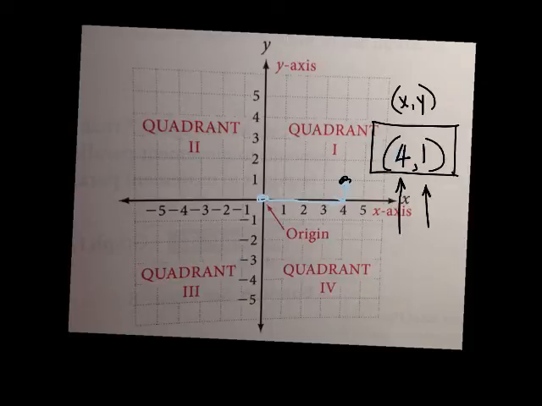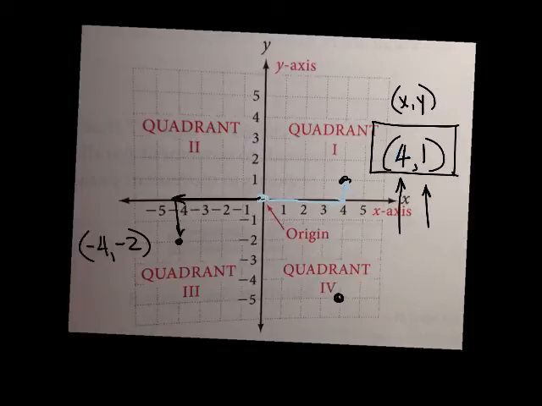So if I wanted to label this point right there, I came over -4 and I went down 2. So I went over this way and then I went down this way. So let's say I wanted to label this point right here.